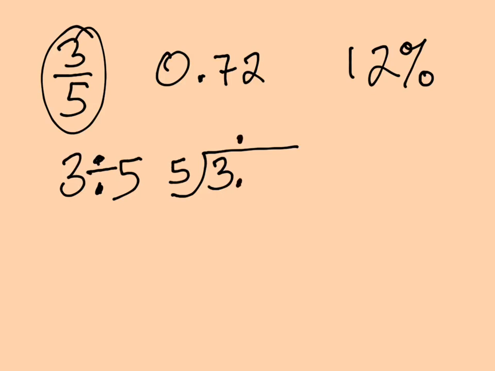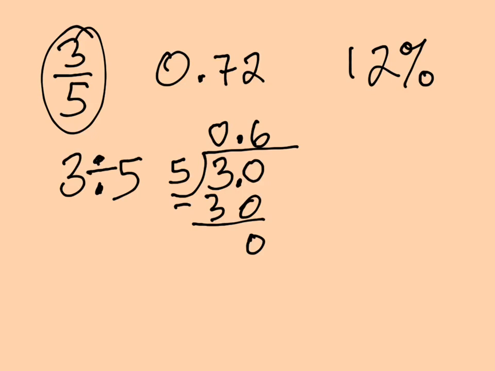Decimal point is here. 5 does not go into 3. We append a 0. 5 goes into 30 6 times. Now I know some of you already knew that 3 divided by 5 was 0.6, but this is how we get 0.6. And we only need to go as far as we need to be able to compare these.